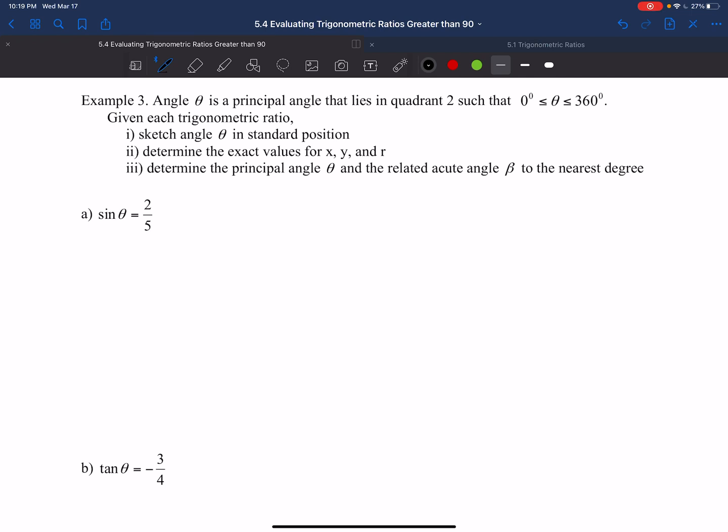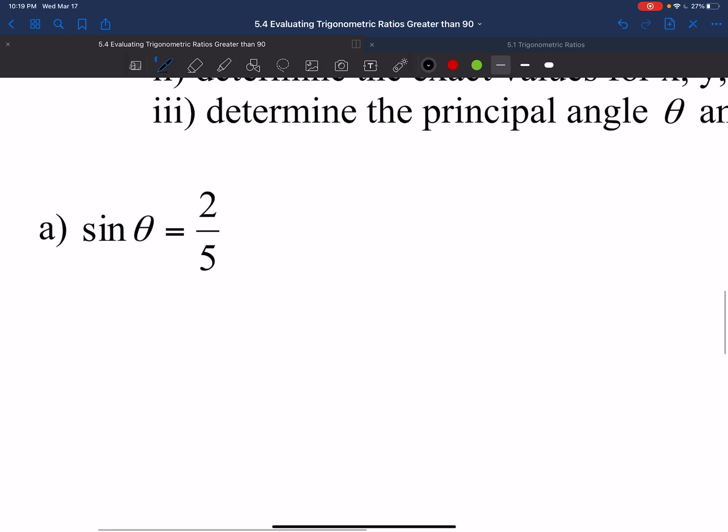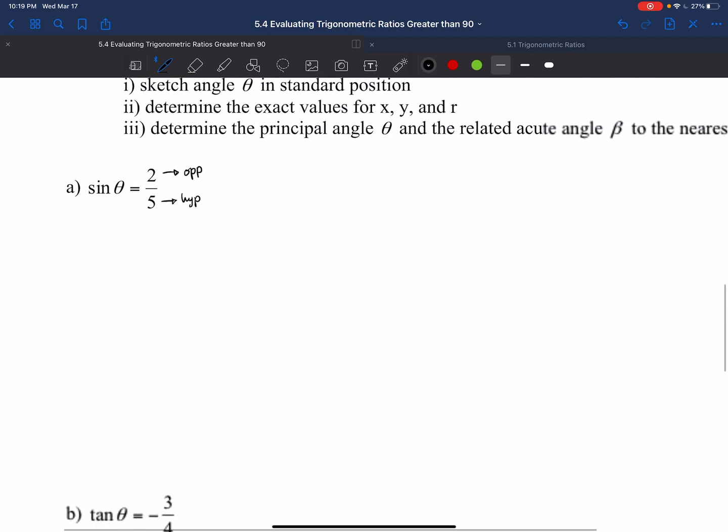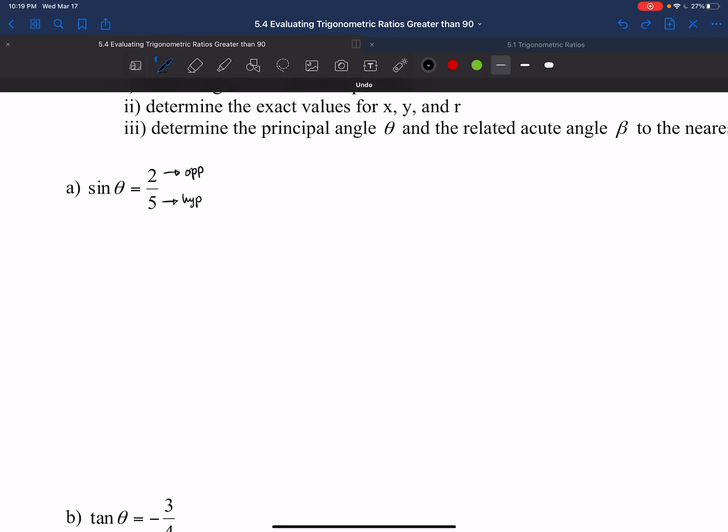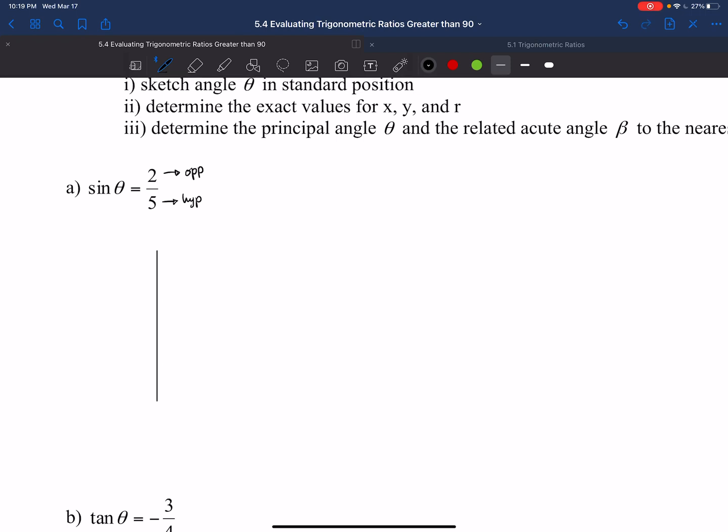So if sine is 2 over 5, remember that this means the opposite side over the hypotenuse. Or you can think of it as y over r.